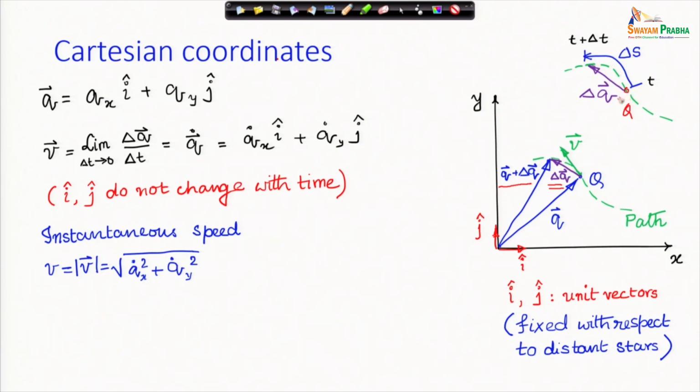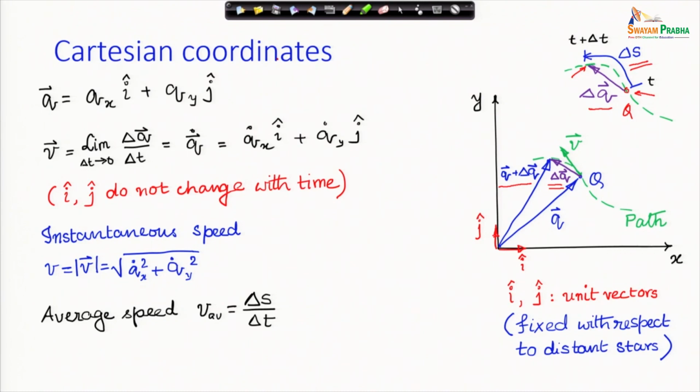Now, delta small q is the displacement, whereas this delta s is the distance covered as the particle moves from this location at time t to this location at time t plus delta t. So, delta s is the distance travelled along the path, please note this very carefully. Now, if I do that, then I define average speed as this distance travelled.